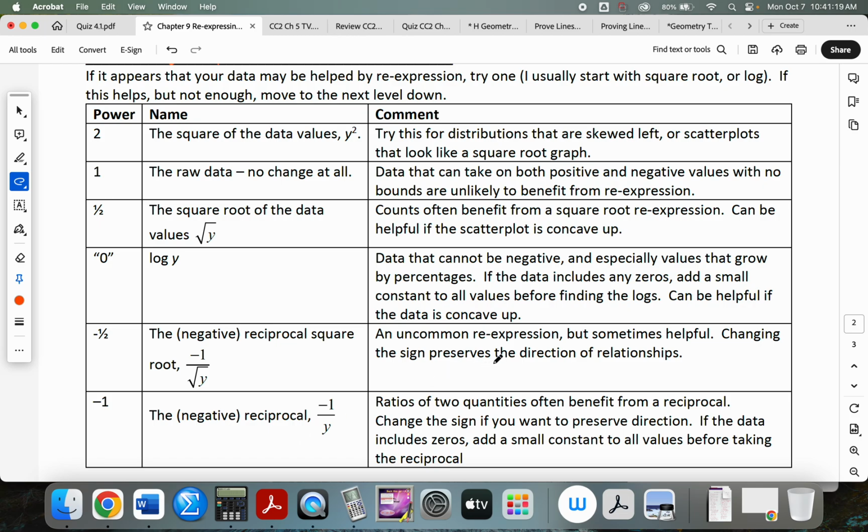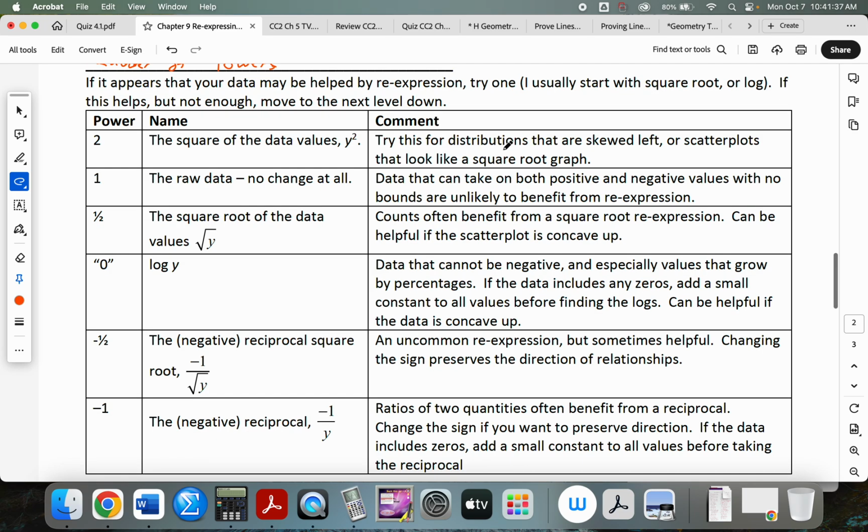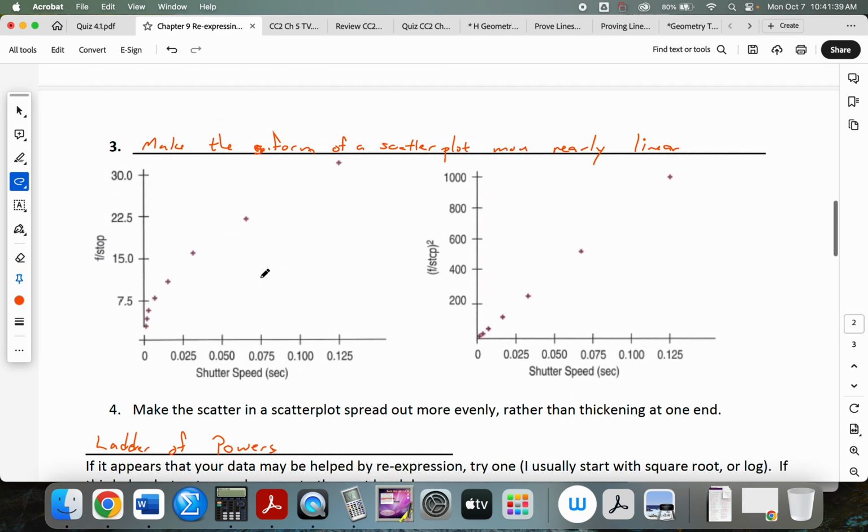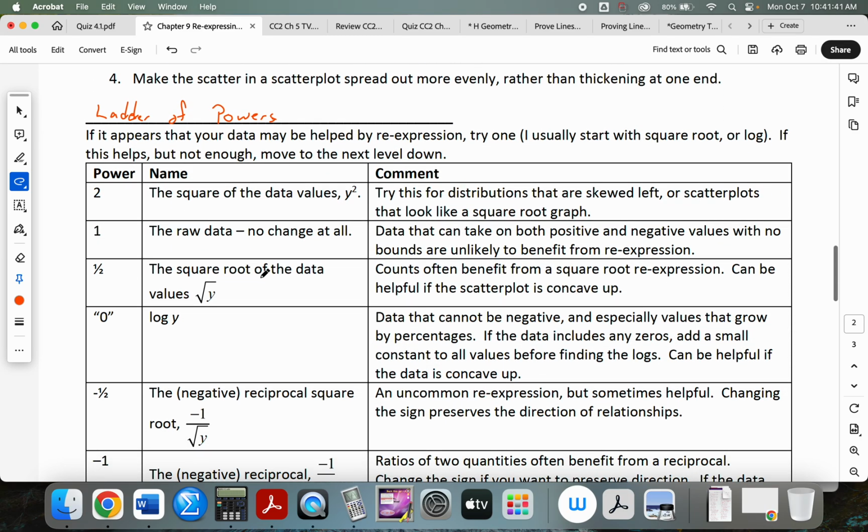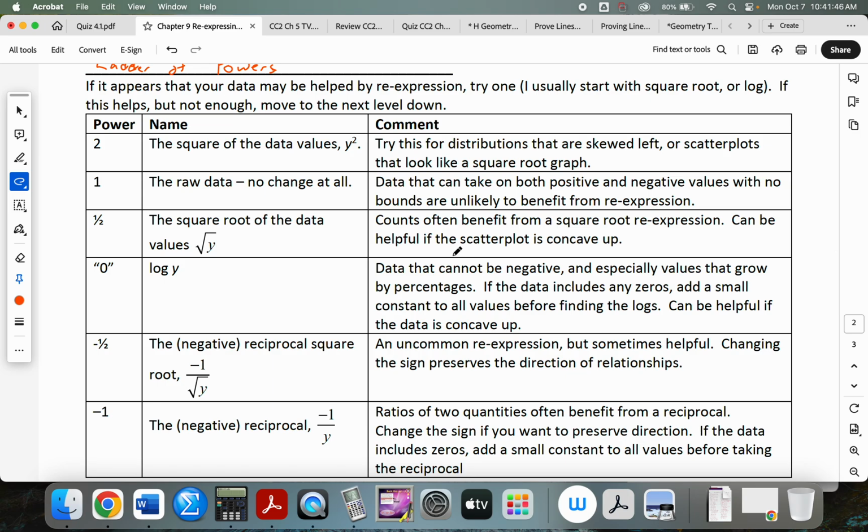Now, there are some comments on why you might want to do this. So for example, squaring: if you have something that's skewed left, which doesn't happen all that often, or scatter plots that look like the square root graph, like this one did, then you can square the data. Okay? Counts often benefit from the square root re-expression.